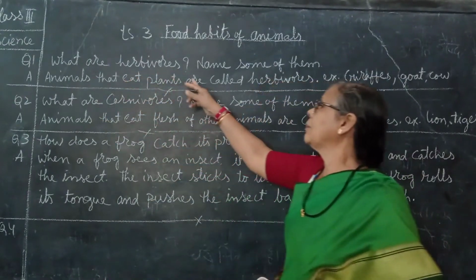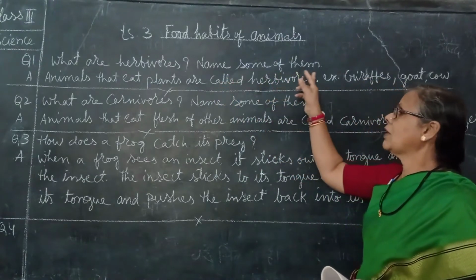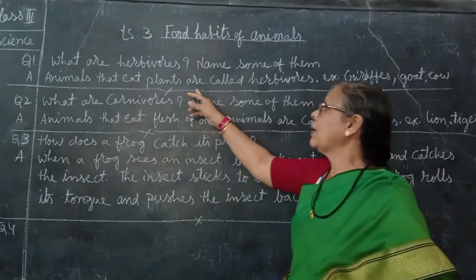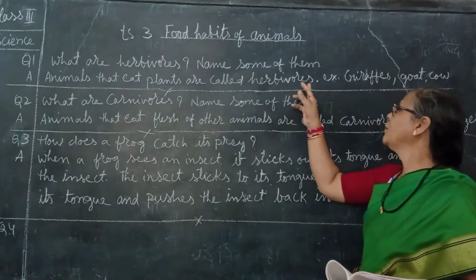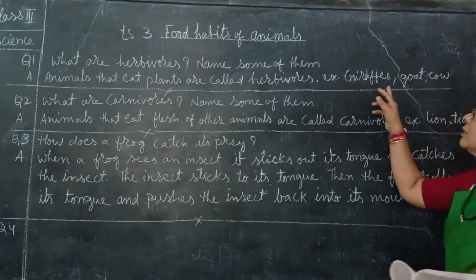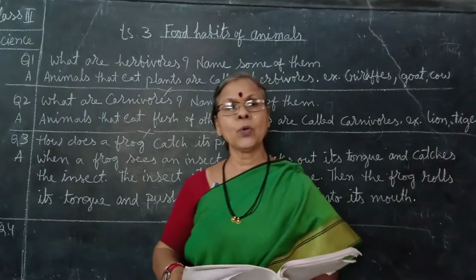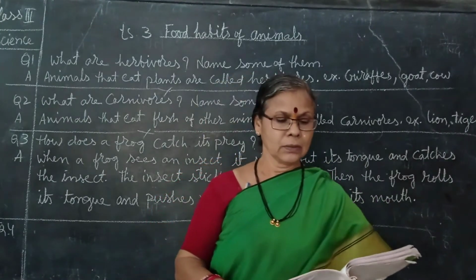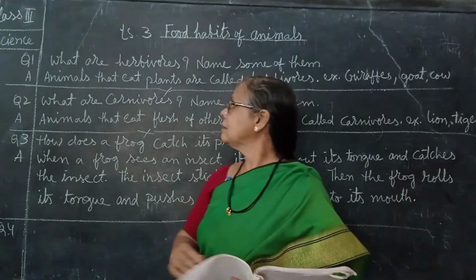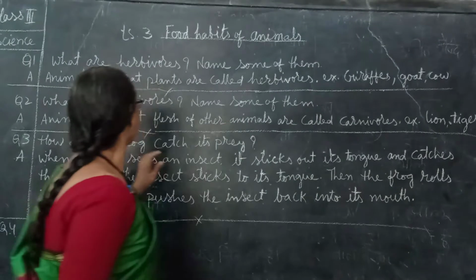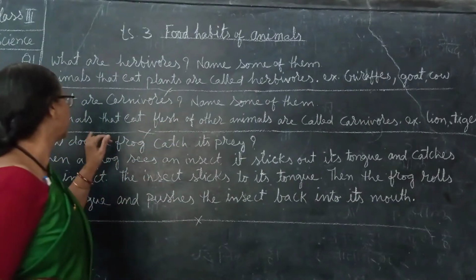What are herbivores? Name some of them. Animals that eat plants are called herbivores. Example, giraffe, goat, cow. You can name a few more animals also. Then, what are carnivores? Name some of them.